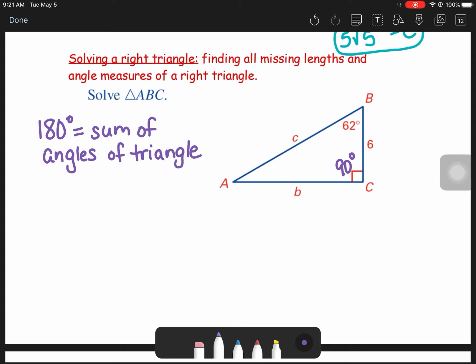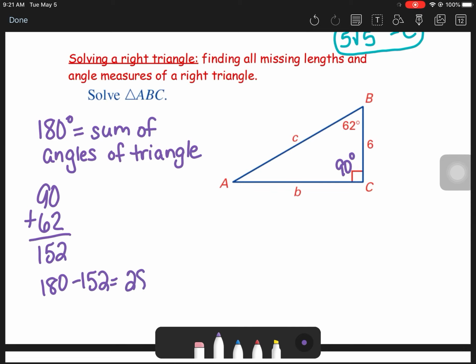So far we know that the right angle is 90 degrees. And we know that the angle given to us is 62, so that's 152. And if we take 180 minus 152, that's going to give us the angle that's missing, which is 28 degrees. So now we know all three measurements.